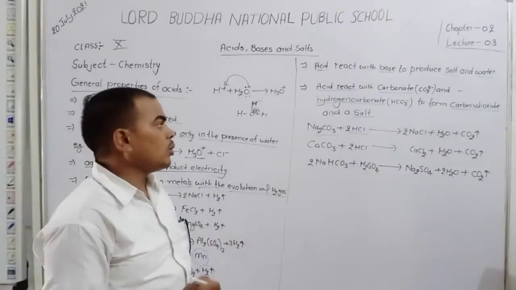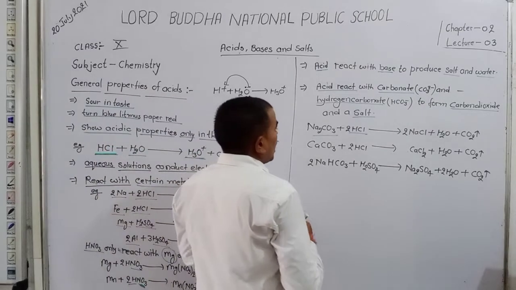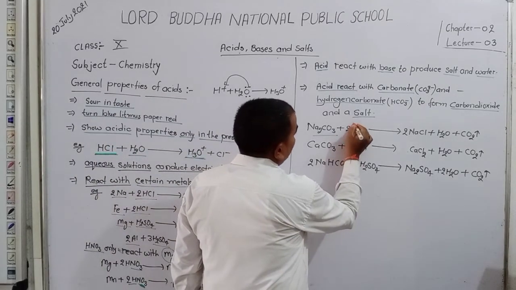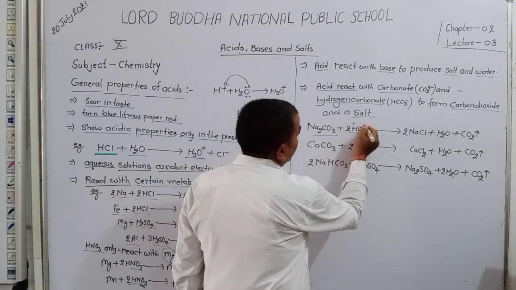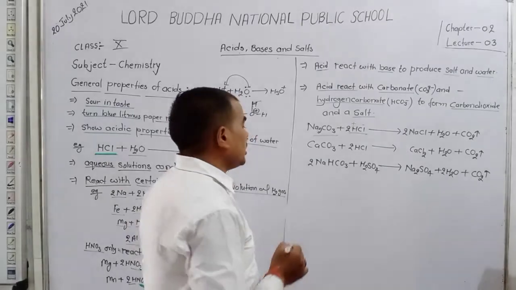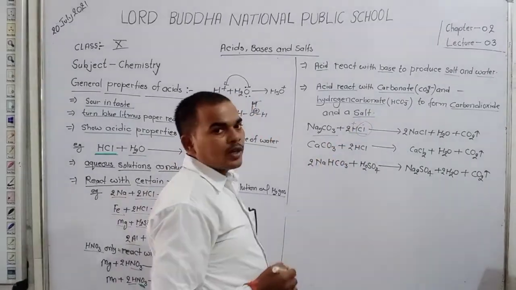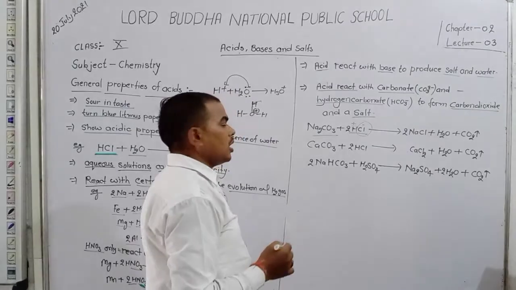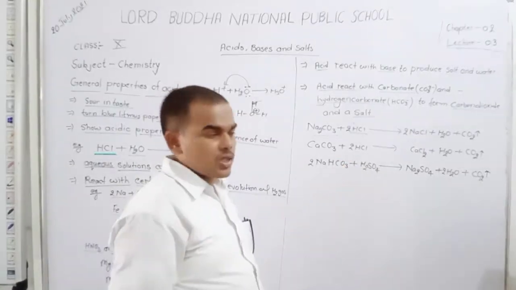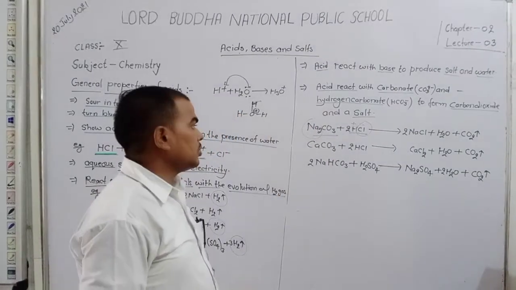When sodium carbonate reacts with hydrochloric acid, dear student, here acid has positive charge on hydrogen and negative charge on chlorine. The negative portion of acid, or anionic portion of acid, joins with the metal of the carbonate.